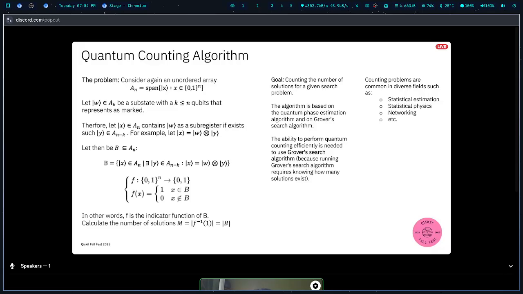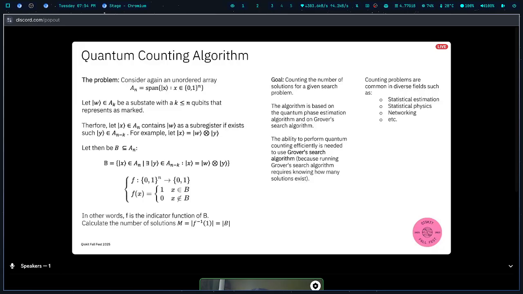We also need that M, so we can perform that amplification specifically for those values.